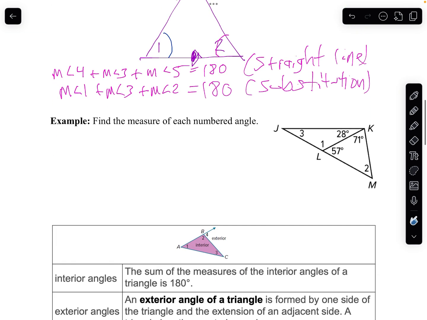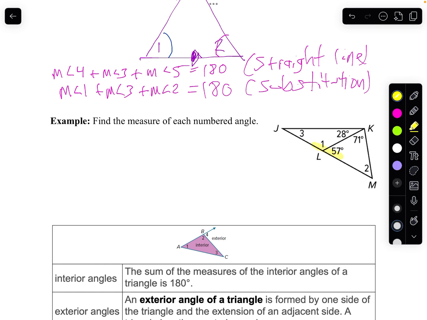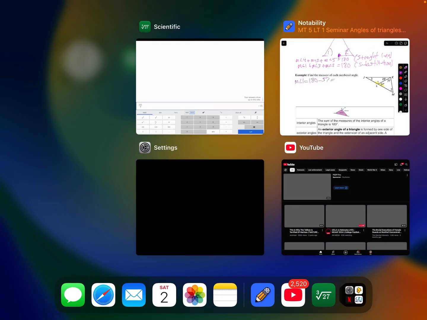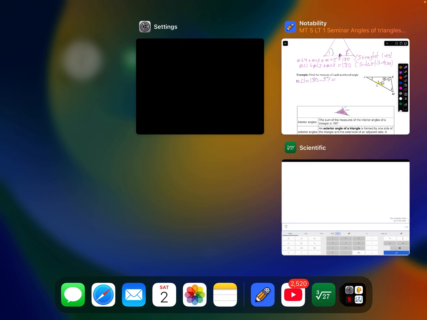I want to find the measure of the numbered angles here. And I can do this a couple different ways. I'm going to start with angle 1. And I notice in angle 1 I've got a straight line. So the measure of angle 1 is going to be 180 minus 57. Let's do that together.